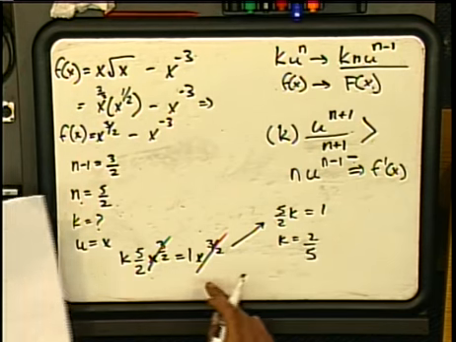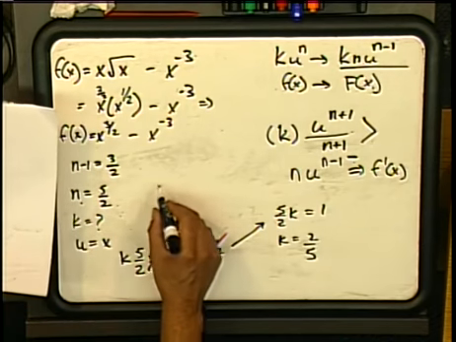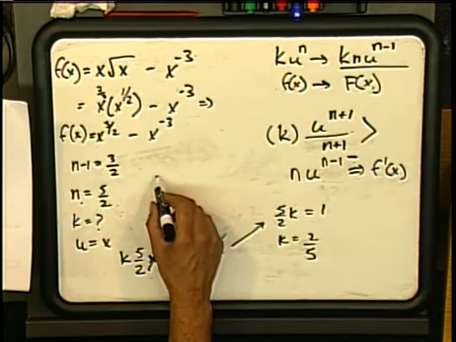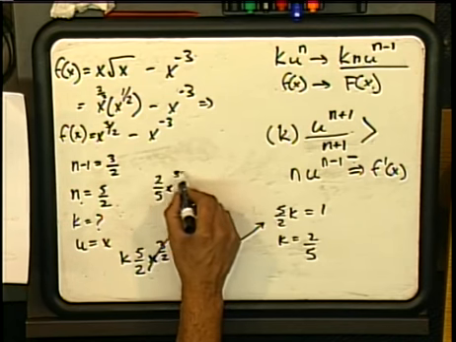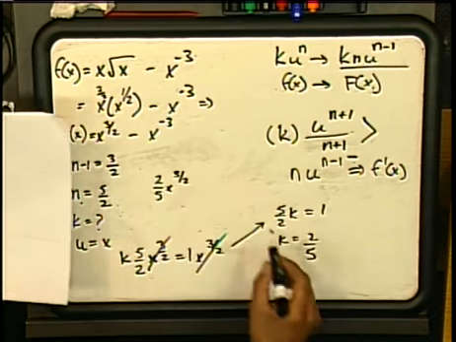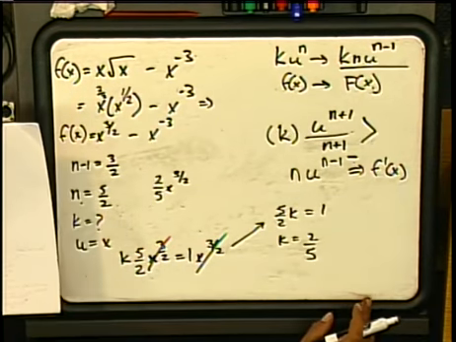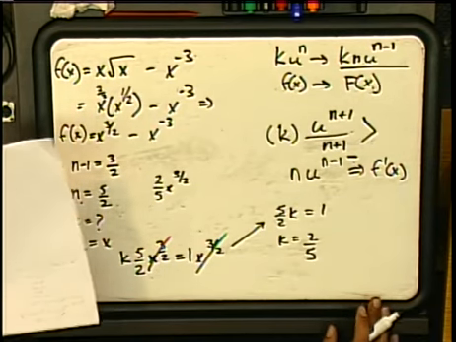And then, so rewrite it. You will rewrite it back as 2/5 x to the 3/2. 2/5 x to the 3/2.